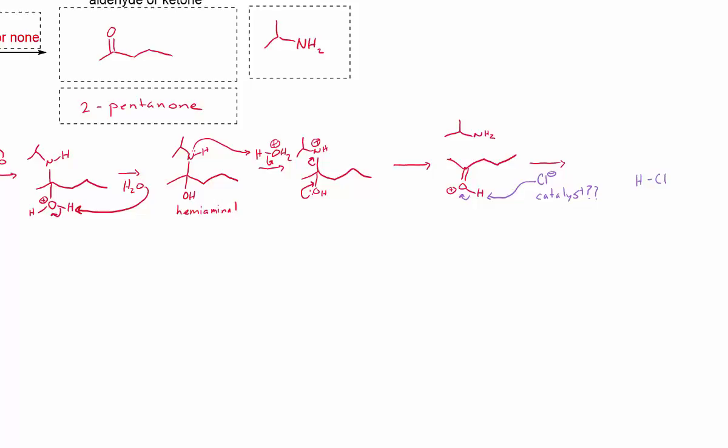And the ketone would be generated there. Oops, too many carbons. And we have this amine. That's the balanced equation that we drew overall up above.